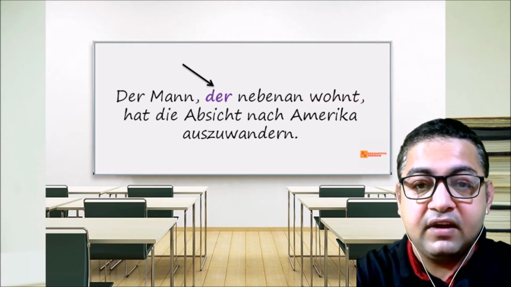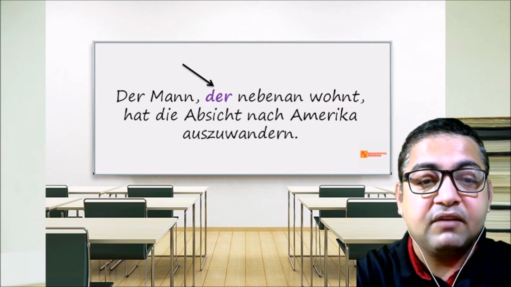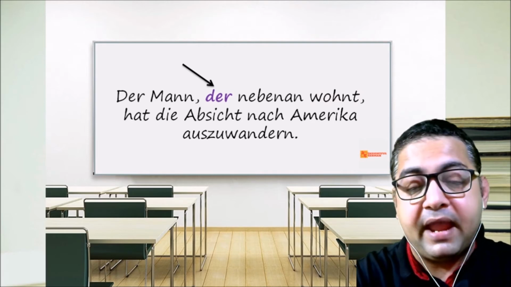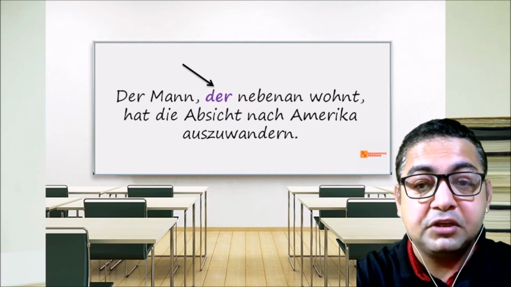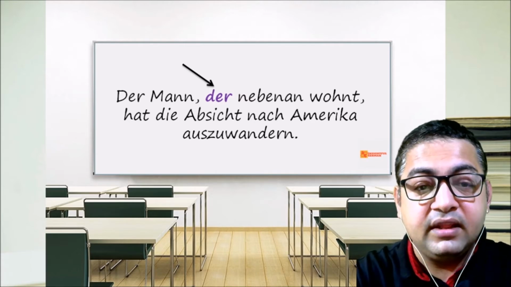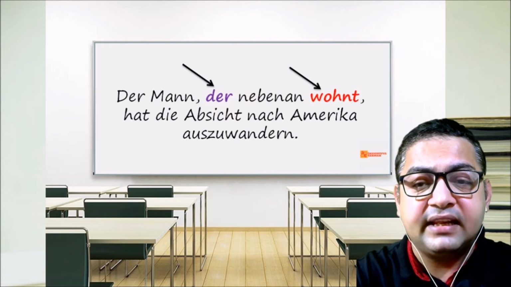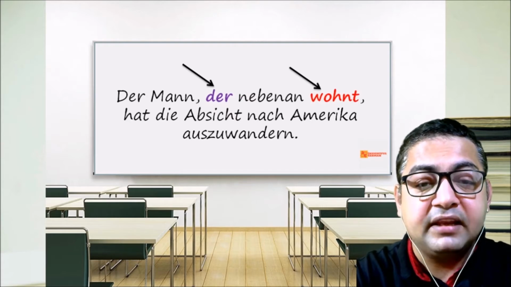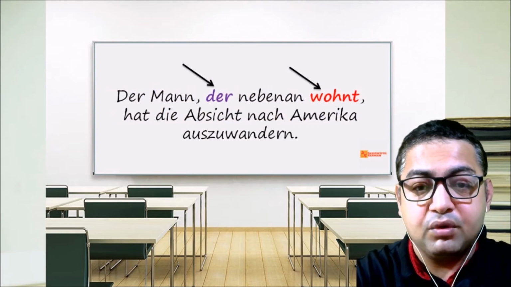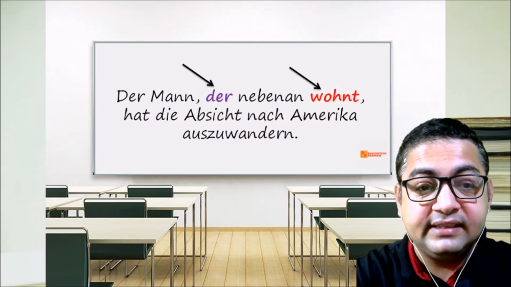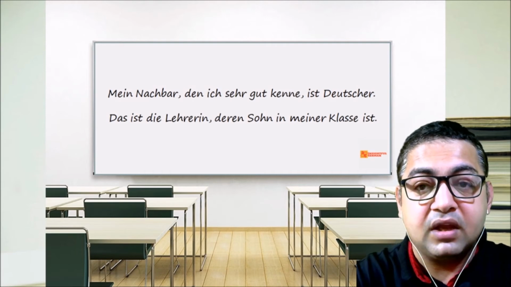The gender of a relative pronoun is determined by that of the noun which it relates back to, while its case is determined by the grammatical role it is playing in the relative clause. In this example, der has been selected from the paradigm as Mann is masculine, and the relative pronoun der is the subject of wohnt. But look at these examples where other case forms occur.